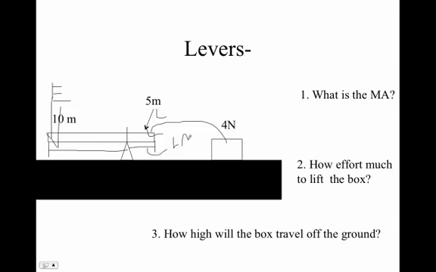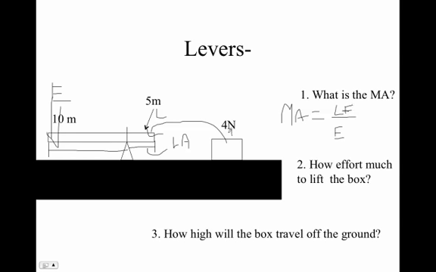Okay, let's calculate the MA. MA is the amount of effort here, the effort force, over the load force. Well, we don't know these right now, so there's got to be another way we can find this. We know what the load is without, so this box is 4 newtons without the lever.